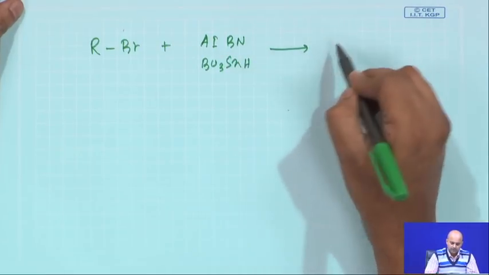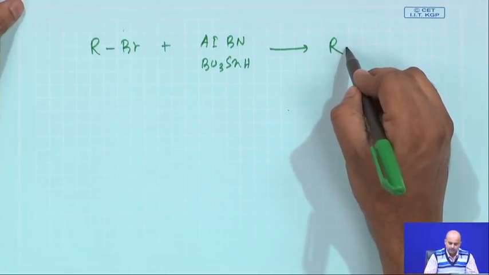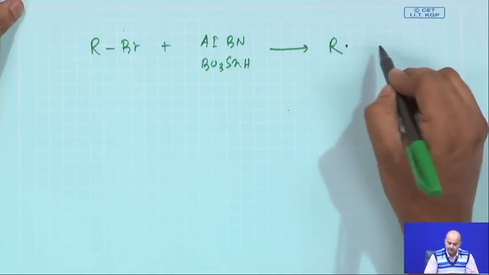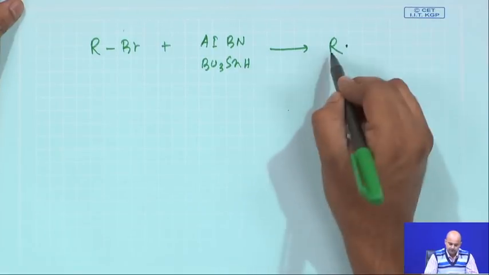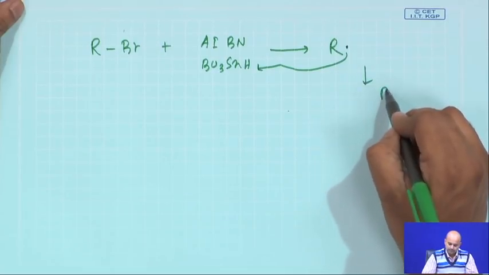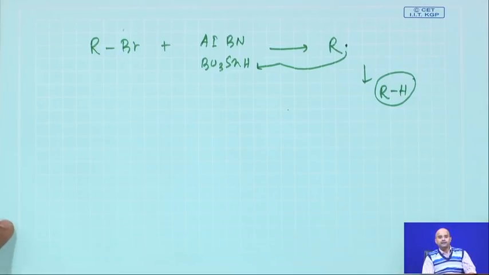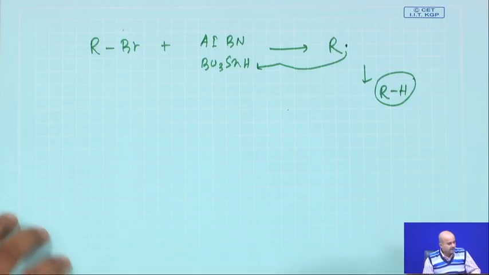You can also get a similar carbon bromine bond cleavage, you get an R dot radical, and then it abstracts a hydrogen from Bu3SnH to give you RH. This kind of radical mediated deoxygenation, particularly the Barton-McCombie reaction, was one of the very well known reactions, and it was explored in synthetic organic chemistry for many years.